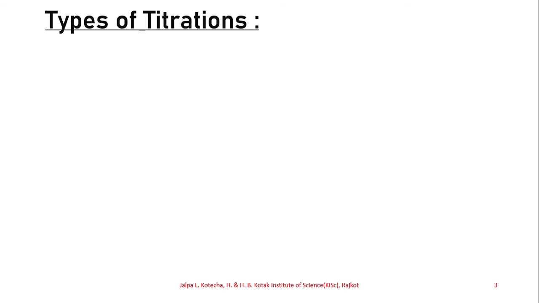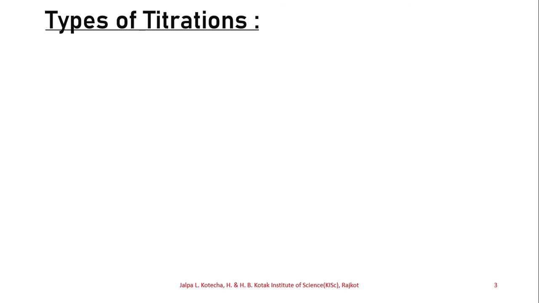So very first let us understand what do you mean by a titration. Whenever you are given a solution whose concentration is unknown, you have to determine the concentration of that solution using a solution whose concentration is known.